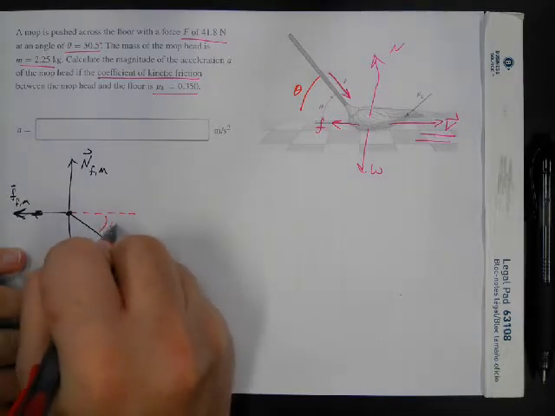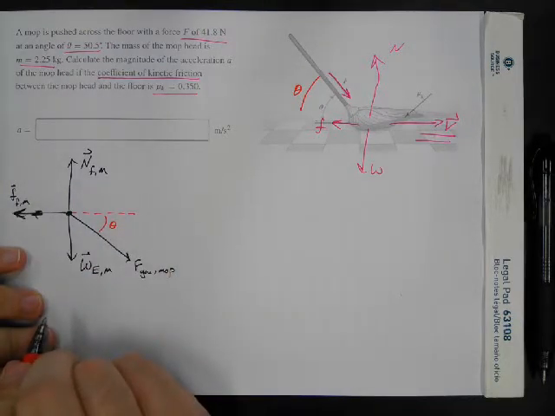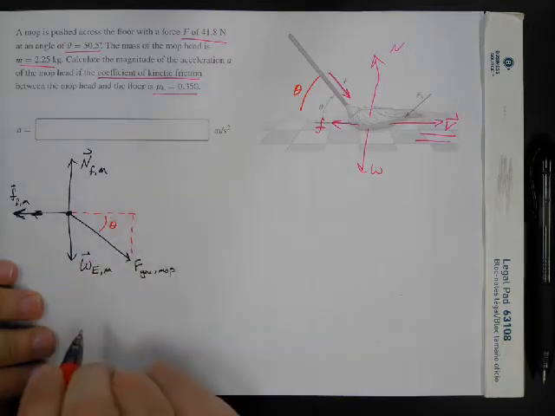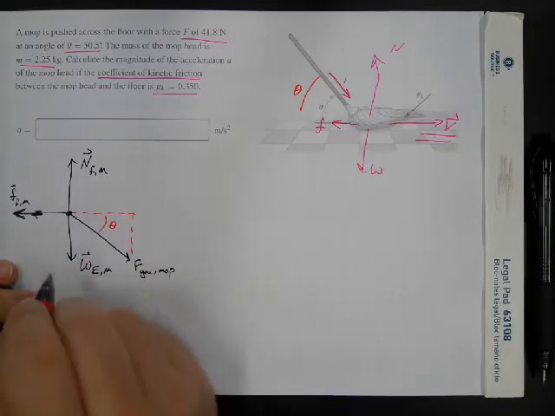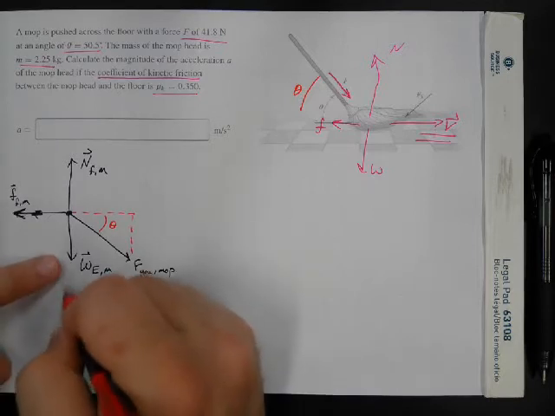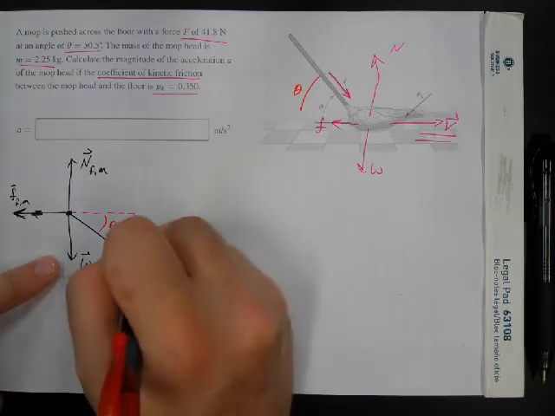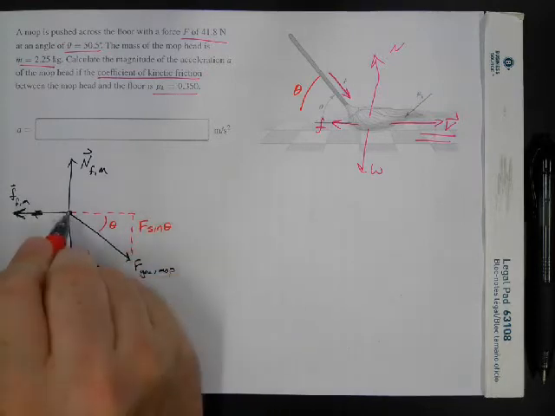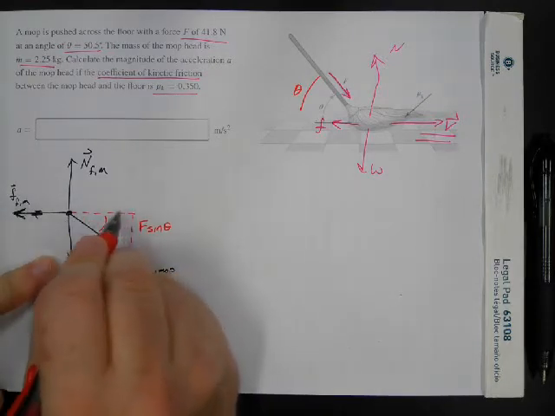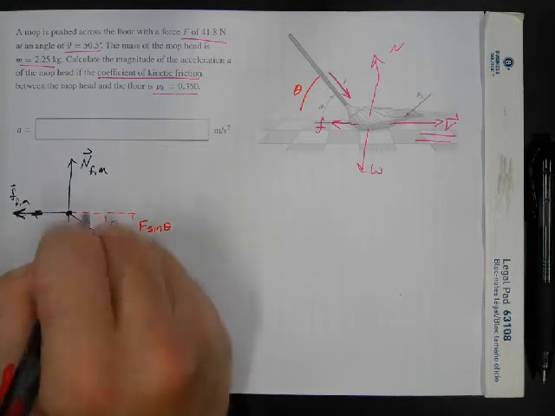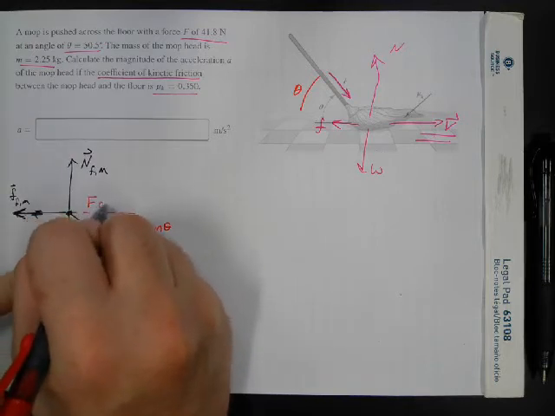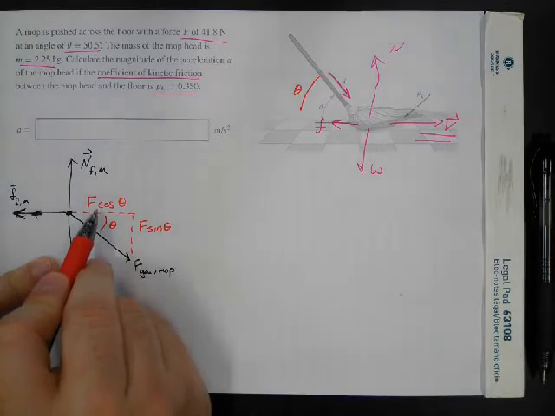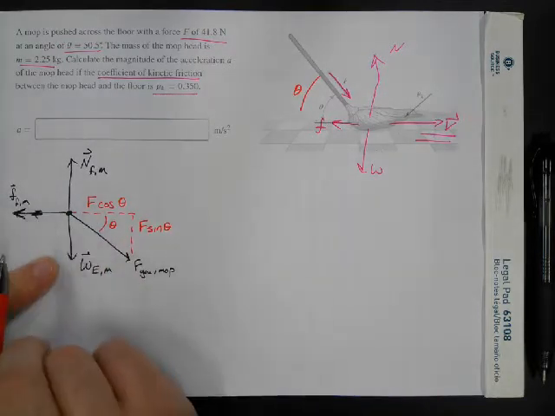So there are the sides of the triangle. That implies that there is a downward component, which is the applied force times sine theta. And then there's the force sliding across the floor, which is F cosine theta. That's the one that's actually moving the mop, and the friction force is stopping it.